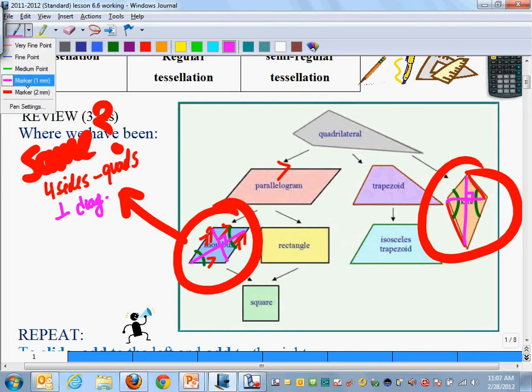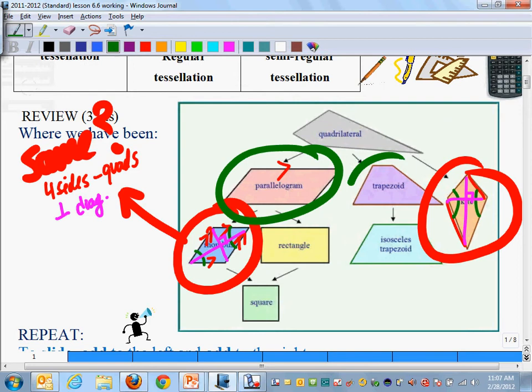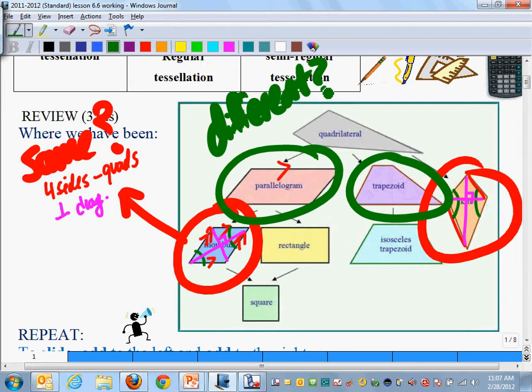Now, here's another style of question. I'd like you to circle the parallelogram and the trapezoid. And now, again, how are they different? Talk about it. How are those different, one compared to the other? Go.